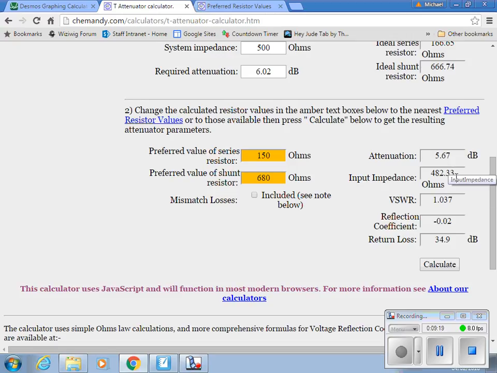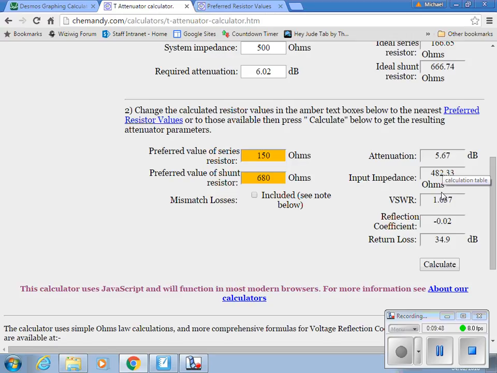The input impedance, instead of being 500 ohms, is 482, so it isn't going to quite match that side. Okay. Output impedance is going to be the same, isn't it? Because the same values. Yeah. So they're effectively the same.